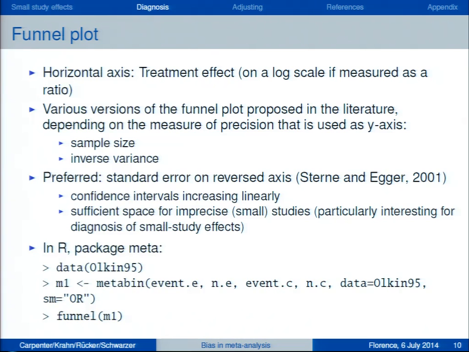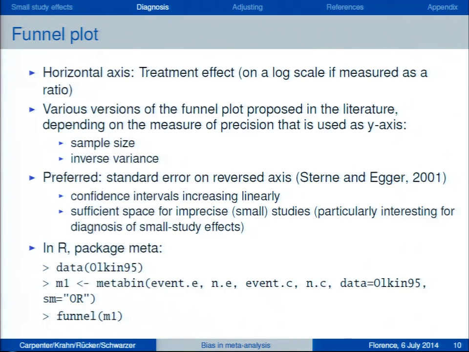This is how we can do a funnel plot using R. This is an example, the Olkin data, which is part of the R package meta. And you can do a binary meta-analysis called here M1, defined in the usual way. We have seen this before.